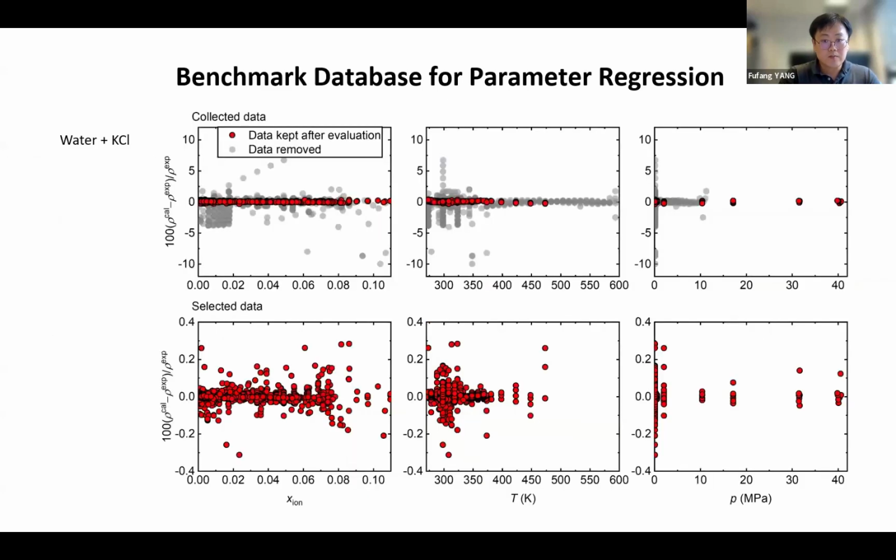And in this way, we removed some data that are wrong and some data that are of higher uncertainty. And on the bottom are the data that we kept. This scale is much smaller compared to the one on the top, and all the gray data points are the data set that we removed.